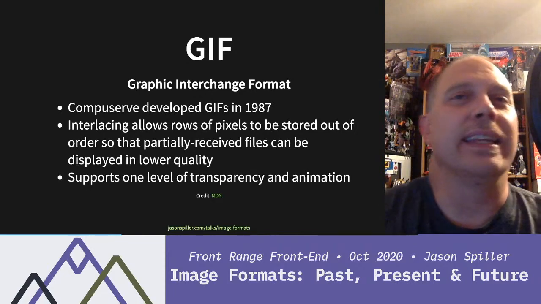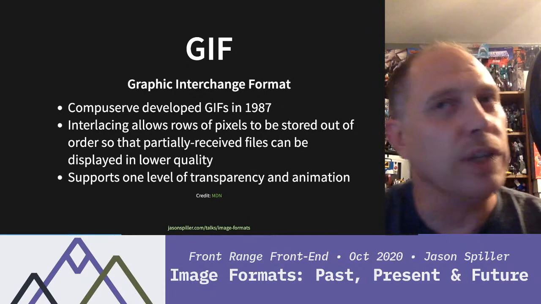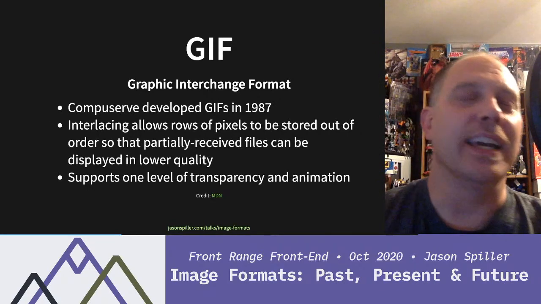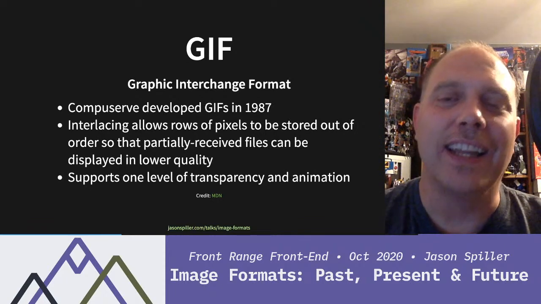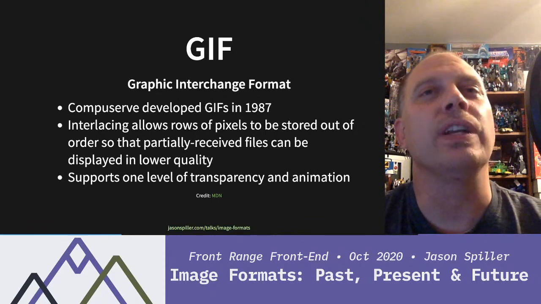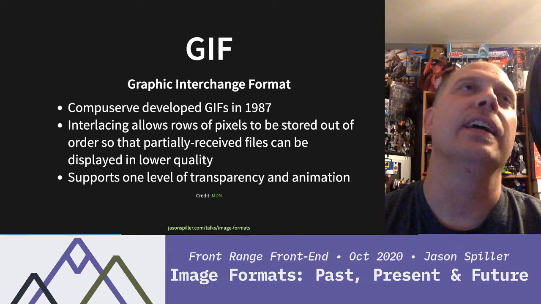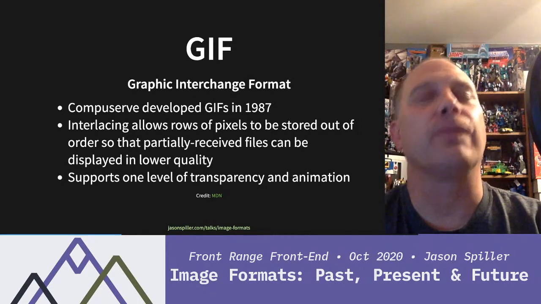Another great thing that it supported was transparency, but just one level of transparency. And then, like I say, of course, animation. Animation is really interesting in GIFs. What it does is it basically only stores what changes frame to frame.